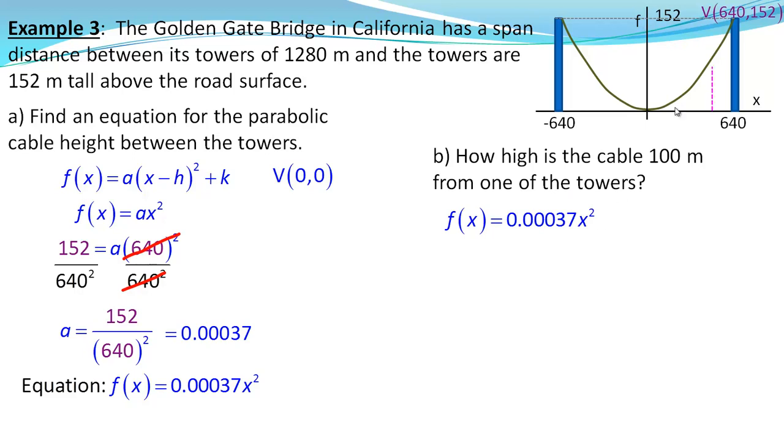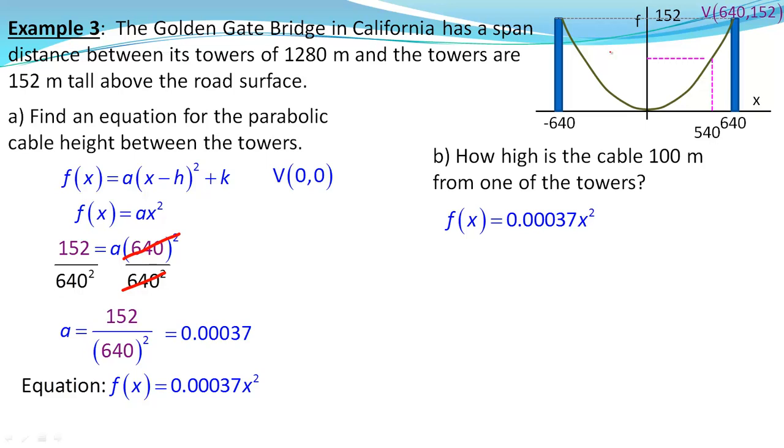So here's my equation. And what I'm going to do, see, 100 meters to this side, so that point there would be 540. So what I'm trying to do is at that place find out how high is the function, how high is the parabola. So really at that point it's kind of like this.